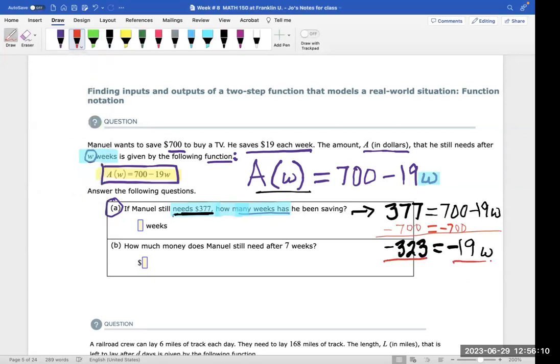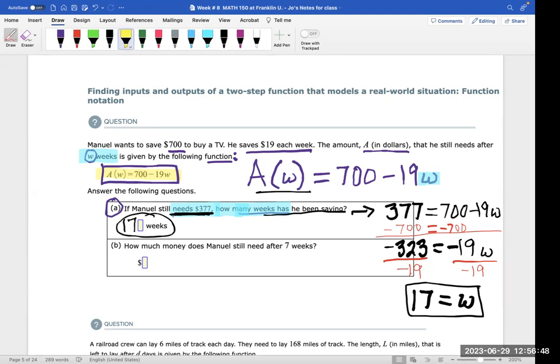If I've got 377 and somebody takes away 700, I know that it's a negative number. Negative 323 divided by negative 19 will give me a negative divided by negative is positive, and my W is 17. Translating that back into the word problem, if he needs $377, he has been saving for 17 weeks.